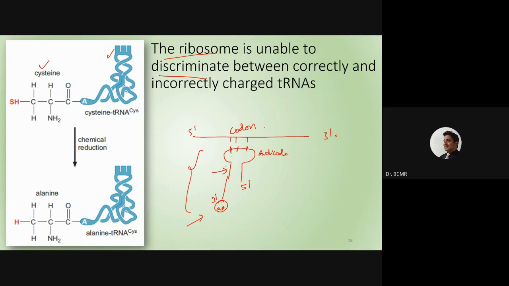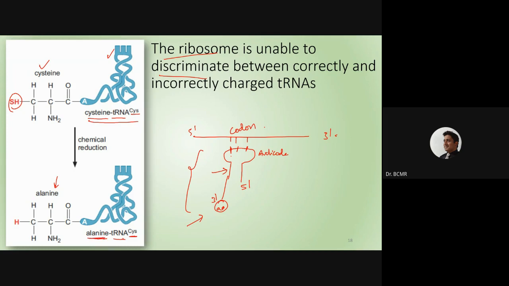Say for example you take cysteine tRNA, and you can do chemical reduction. You can remove the thiol group, or SH, here, and that results in alanine. Now here you see cysteine tRNA for cysteine, that's absolutely correct. But because of the chemical reduction, the cysteine is converted to alanine. So alanine tRNA for cysteine is going to recognize codons for cysteine, and in that location where cysteine should have been added, alanine would be added.